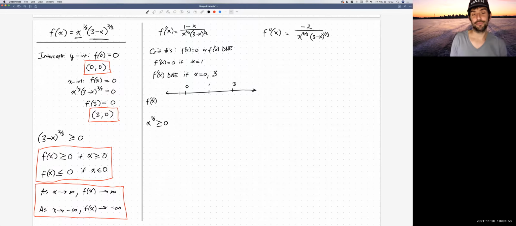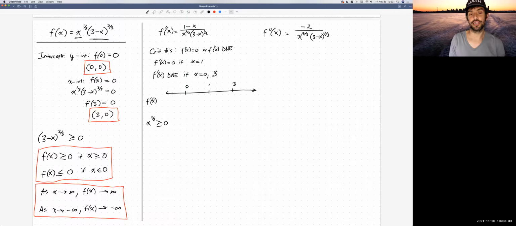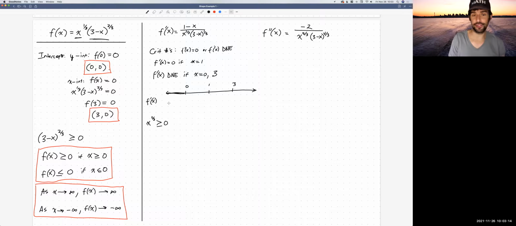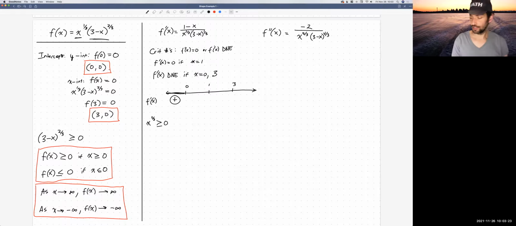If x is below 0, 1 minus x is going to be positive. You're taking a number less than 1 and subtracting it from 1, you get a positive number. And then 3 minus x will also be positive. So everything is going to be positive. So the derivative itself must be positive.